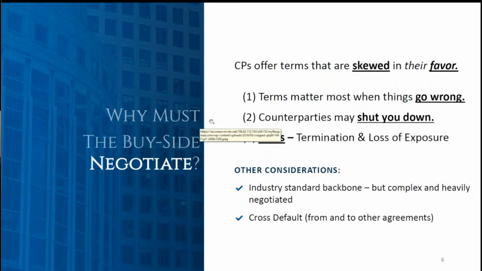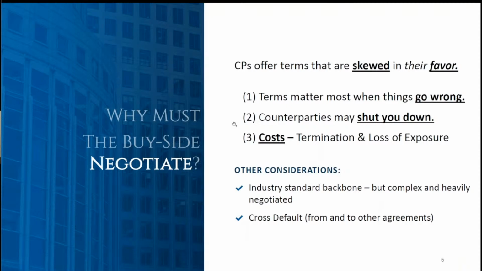The second thing we should ask ourselves is why does the buy side need to negotiate the document? If the master agreement is based on an industry standard form, one would think that there's really nothing to negotiate. The terms are already there. It's true that the document is based on an industry standard form, but the banks skew the documentation in their favor, and in some cases quite heavily in their favor.